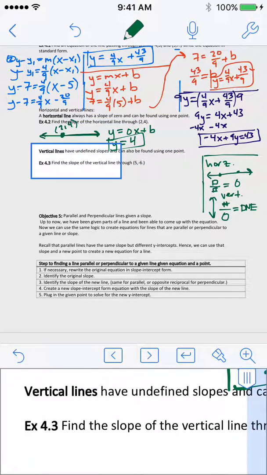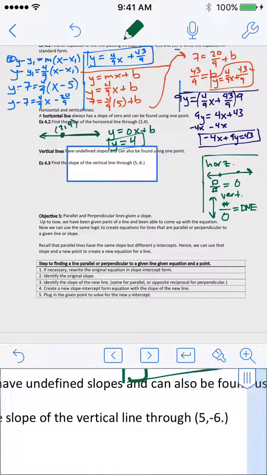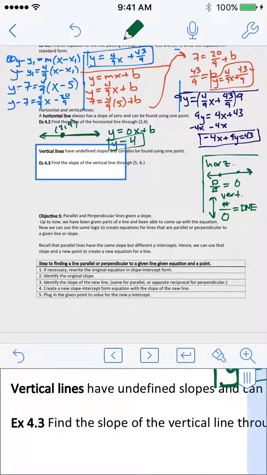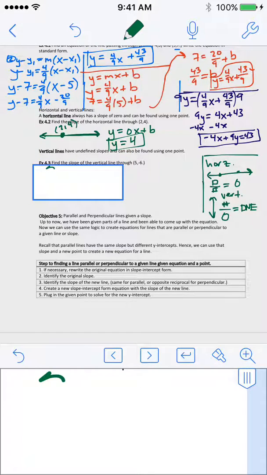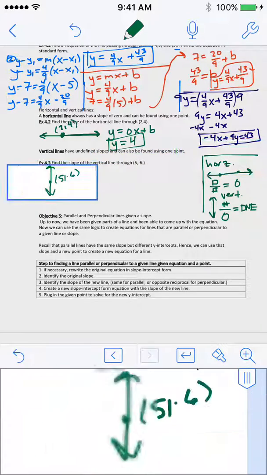Let's take a look at the next one because it's very, very similar. Find the equation of a vertical line through (5, -6). Well, we've got this nice vertical line, right, going up and down. And at some point, it goes through (5, -6).